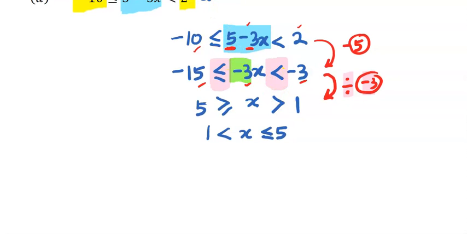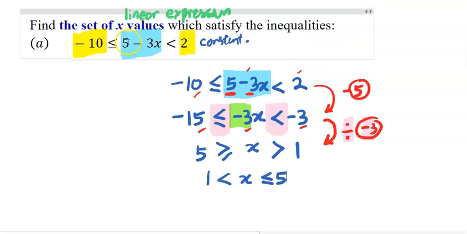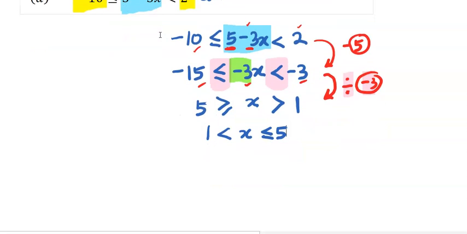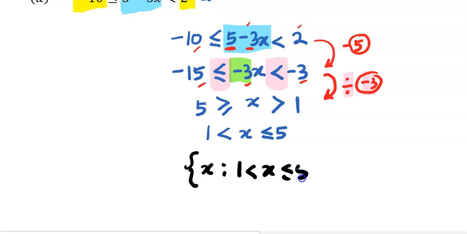If I want to rewrite it as required in the question, in set notation, the answer is as simple as, in curly brackets, x colon, and copy down the inequality that we have found just now. End of the story. Without involving any number lines, we can get the answer easily.